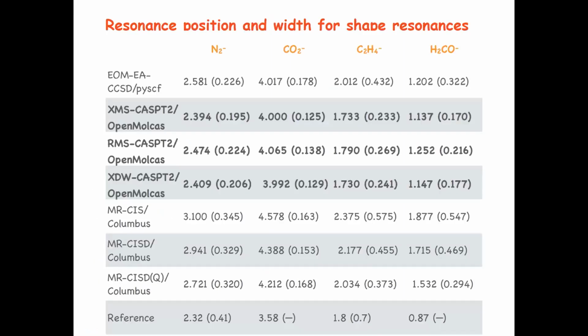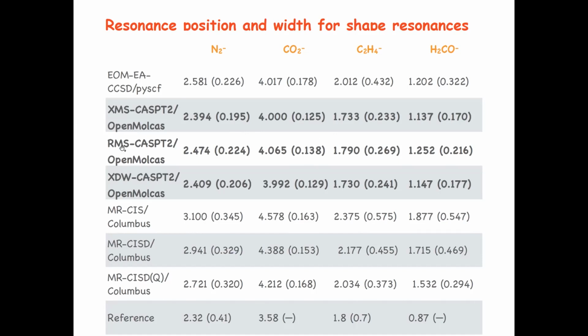All right. So a bit in more detail, for example, different flavors of multi-reference perturbation theory. Here I show results again for the same model systems: N2 minus, CO2 minus, ethylene and formaldehyde. And what we see here is that all different versions of multi-state CAS-PT2 give pretty close results.